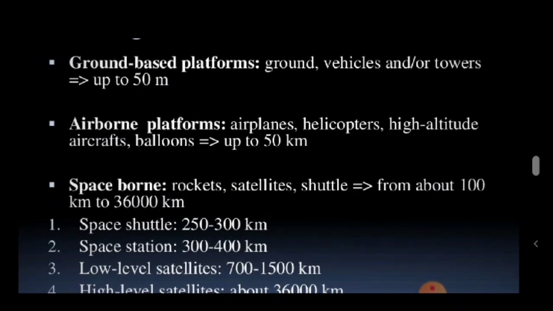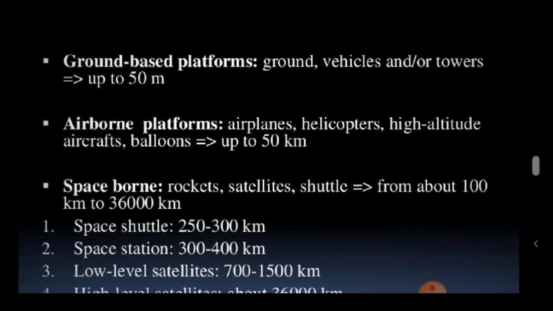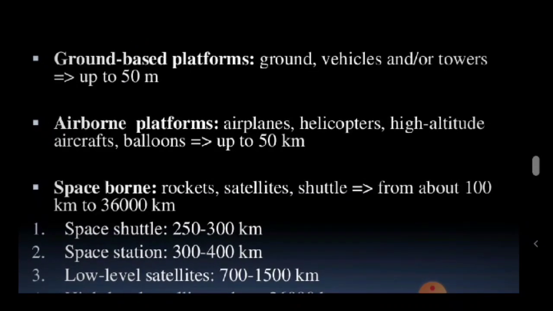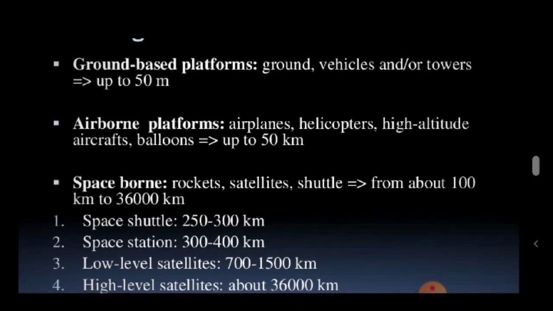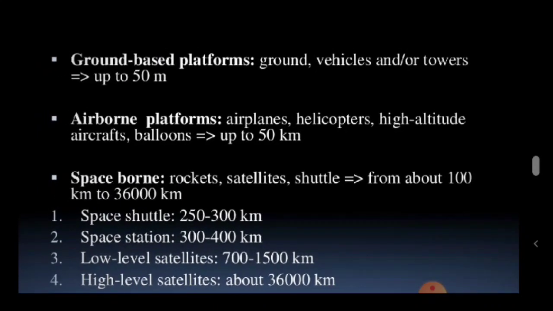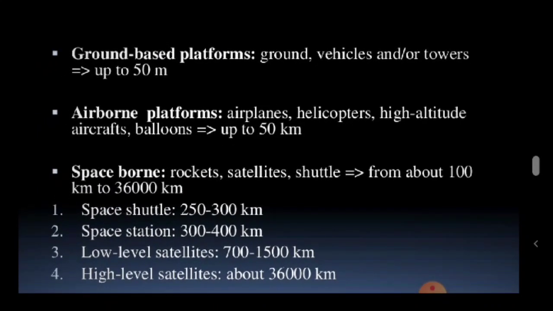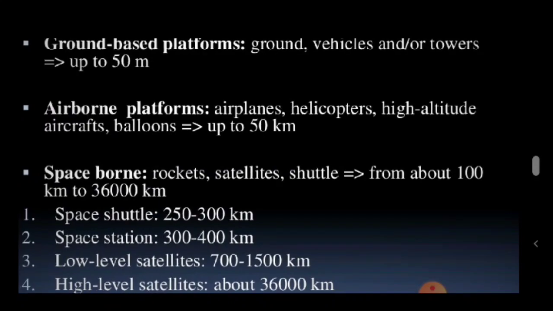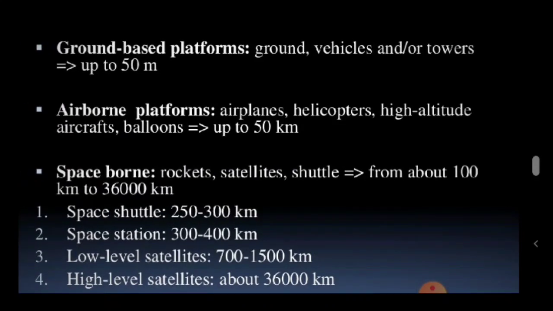It may be a tower or something, from mean sea level up to 50 meters. There can be ground-based platforms, not anywhere, but they can be. If you want to have a ground-based platform, you have to do it within this limit.